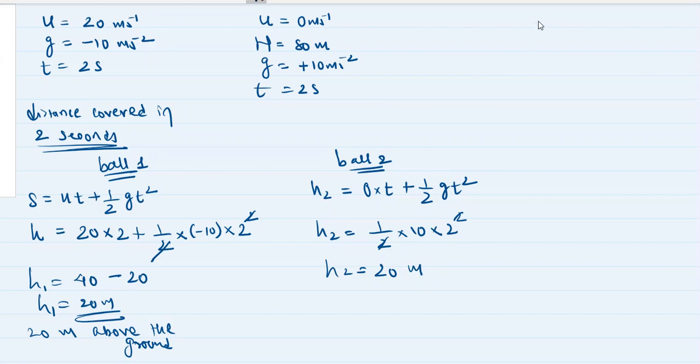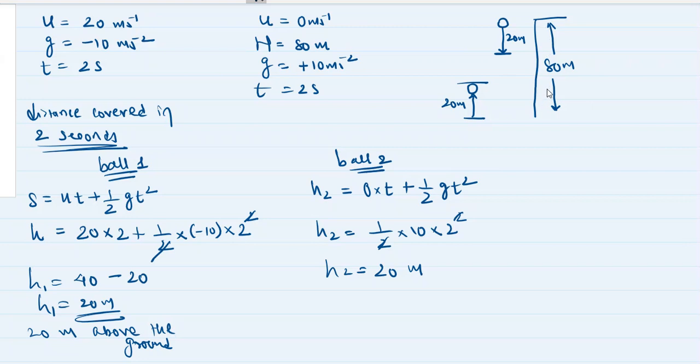Now understand this thing. This is a building which is 80 meter high. One ball is dropped up to here, which is 20 meter. Another ball is thrown up from here, which is 20 meter.